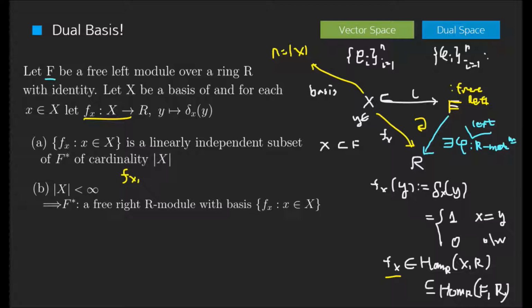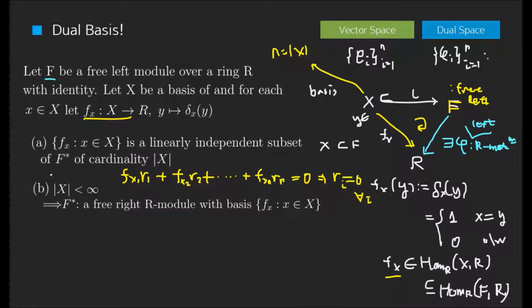So the scalar from the ring R is located on the right side: f_x1 r1 plus f_x2 r2 plus up to f_xn rn is 0. By the definition of linear independence, if this equation is satisfied, then r_i is 0 for all i. This is the statement of A.